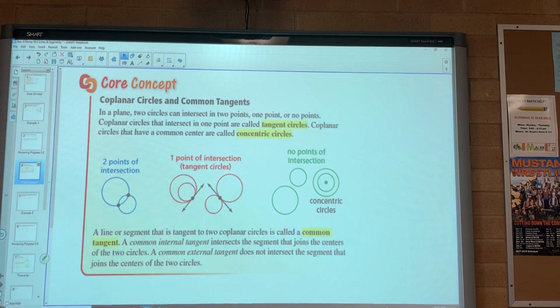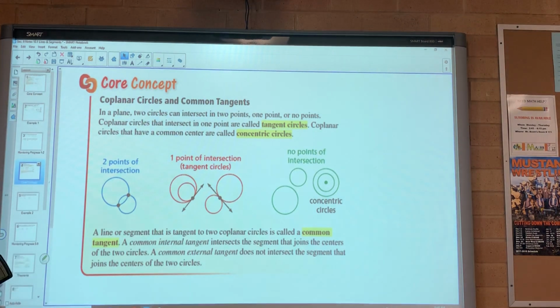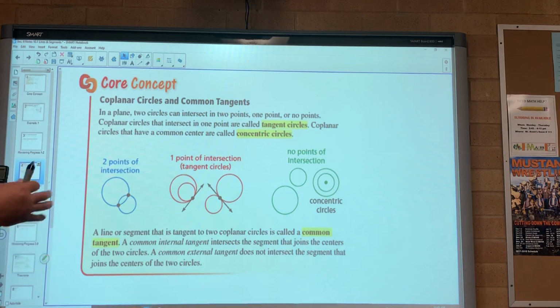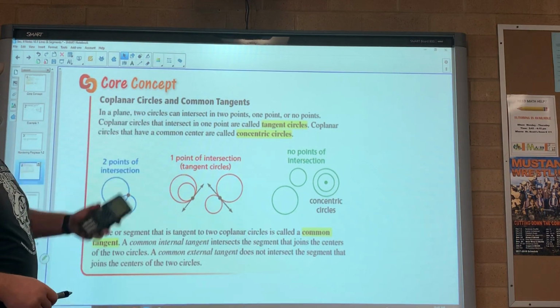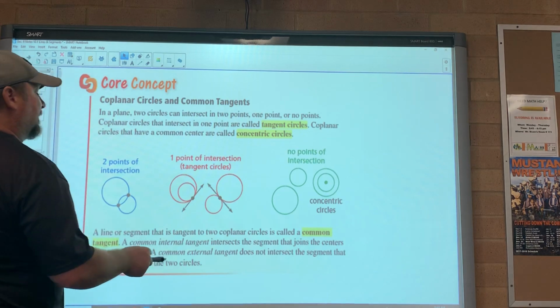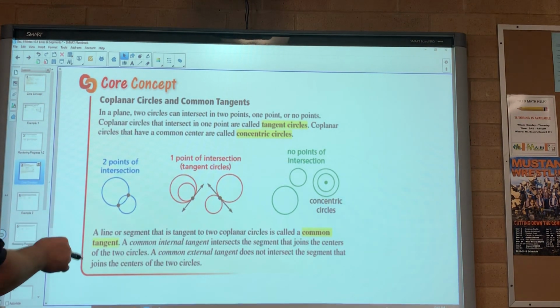Well, we're going to talk a little bit about these tangents that can actually take place within circles. There's multiple circles on a grid, or in other words, coplanar circles. So two circles on the same picture, okay? So a line or segment that is tangent to two coplanar circles is called a common tangent.